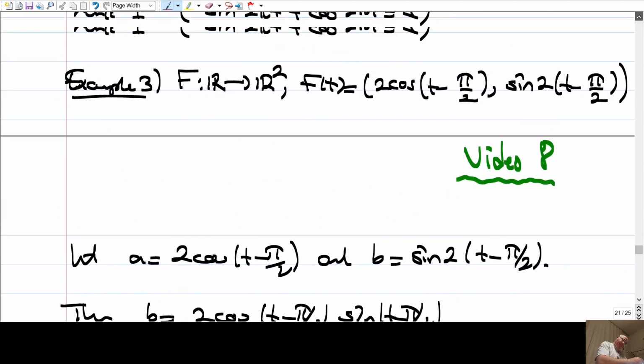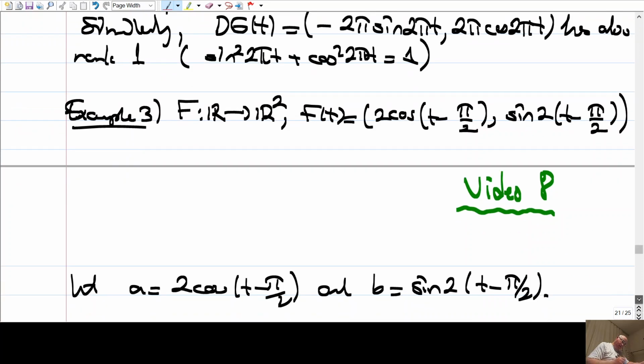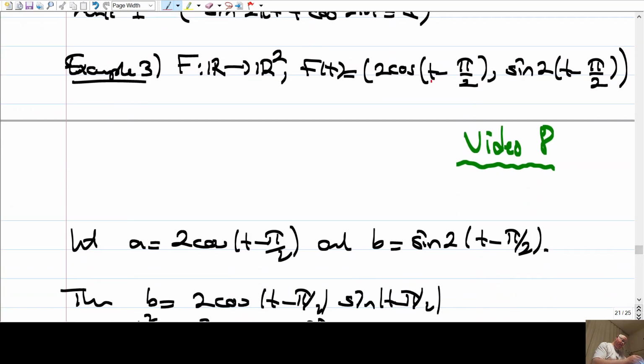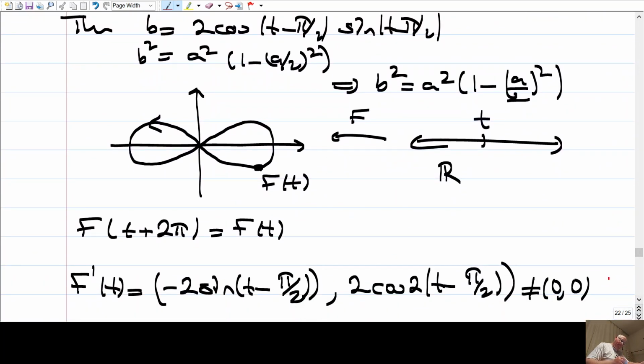When you take the derivative of this, you will get sine here and cosine here.